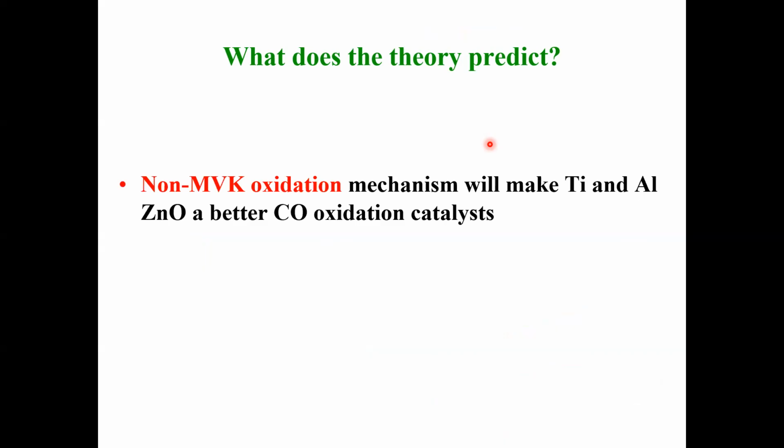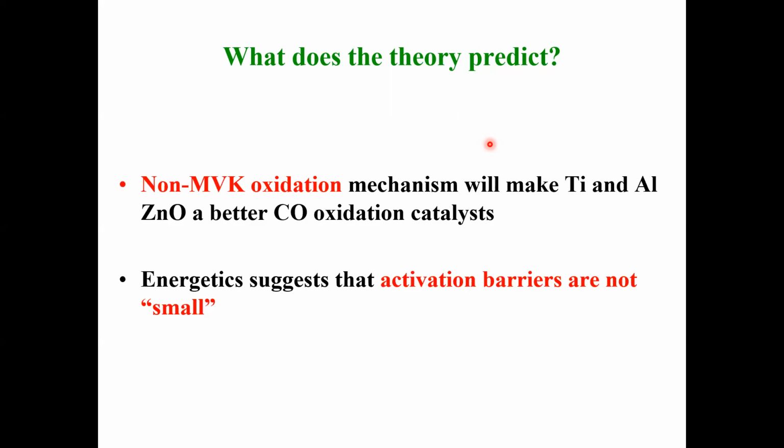People were opposed to this kind of study because it was very controversial at that time, because from the early 60s, Mars van Krevelen was the accepted mechanism for oxidation. We came and proposed a different mechanism altogether in a certain class of catalysts.